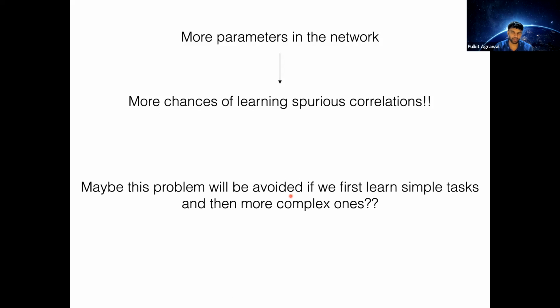But what if we first learn simple tasks and then use these simple tasks to learn more complex ones? Maybe in that setup, I will not learn as many spurious features as I would if I'm trying to solve something very complex in the beginning.